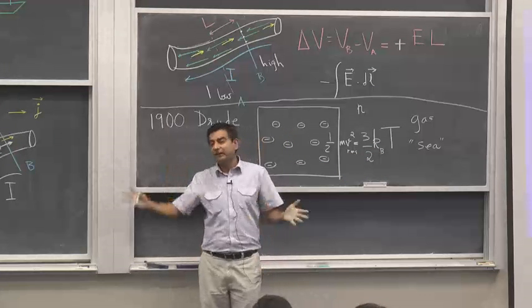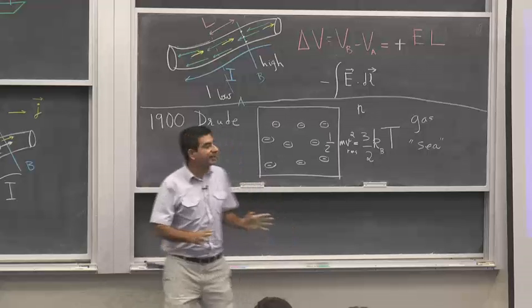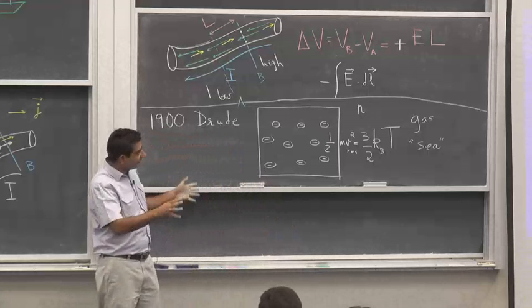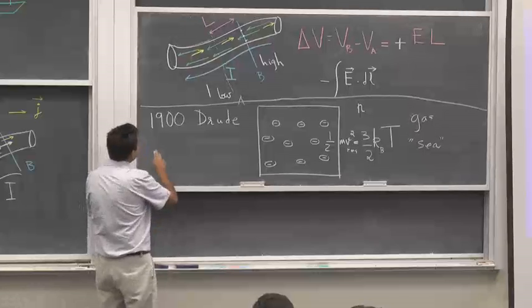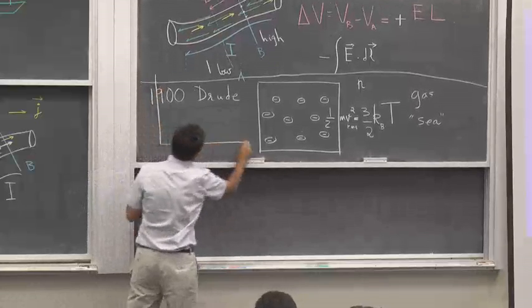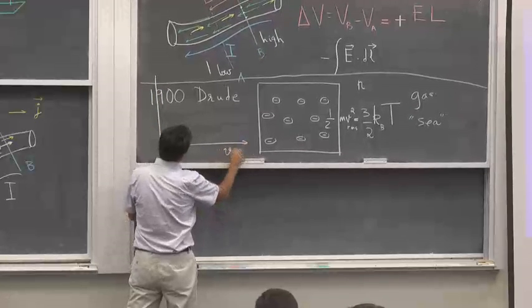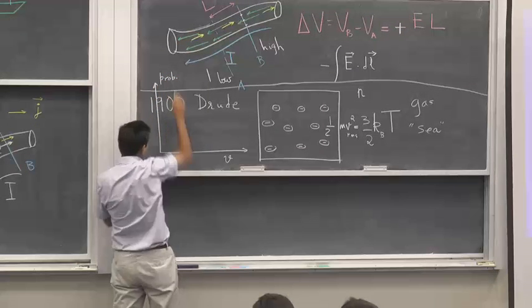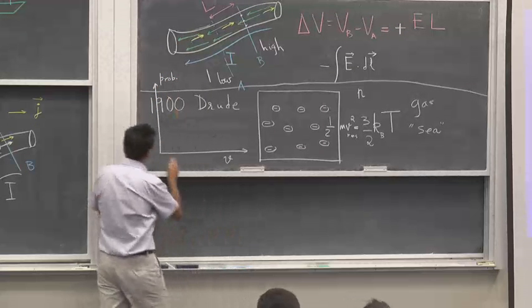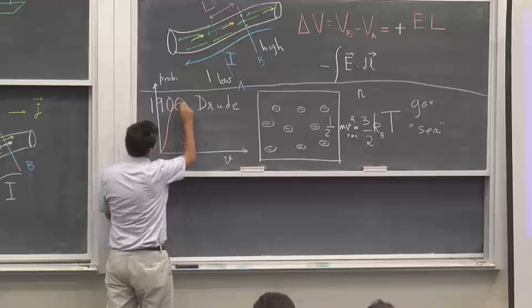Higher the temperature, higher will be the speed of the electrons. So in a gas of electrons, all of these electrons do not have the same speed. So if I draw a probability distribution in which I have speed here and probability here, or the fraction of electrons that are moving with a certain speed, I get something like this.